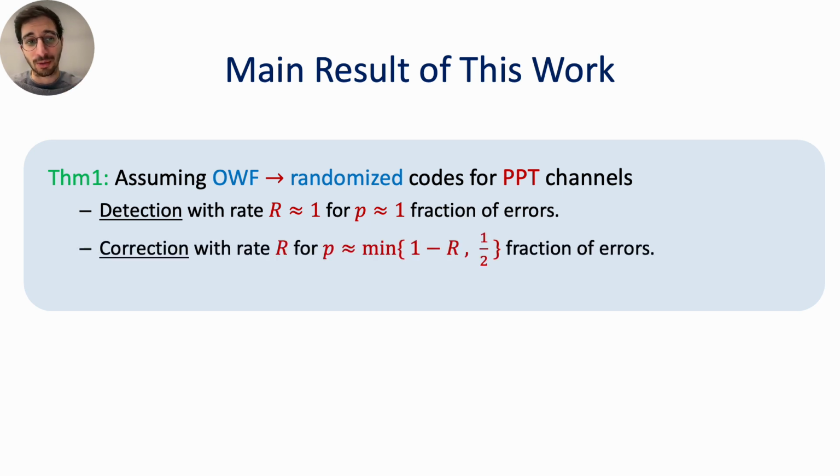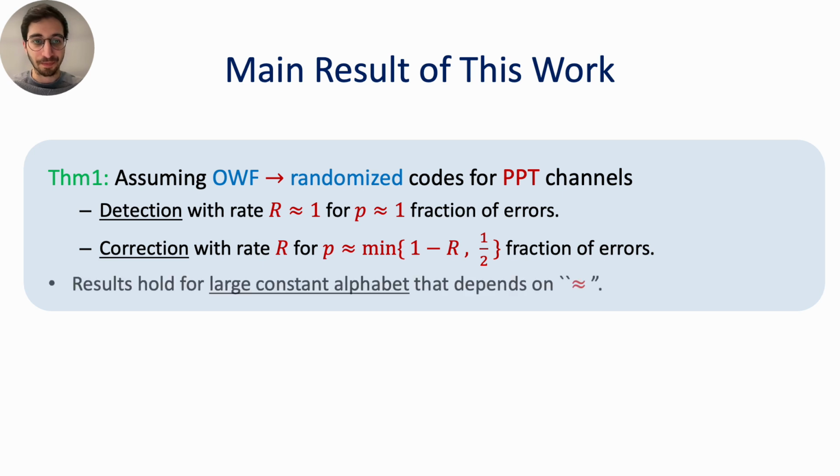And we can also get correction with rate R and P up to 1 minus R, which matches the list decoding capacity and the distance, but does not match the usual error correcting capacity. And the one caveat of this result is that it only holds for a large constant alphabet, and the constant depends on how close you want to be to this bound.